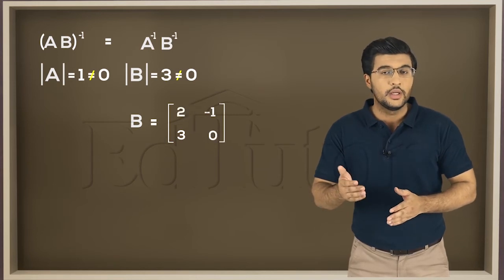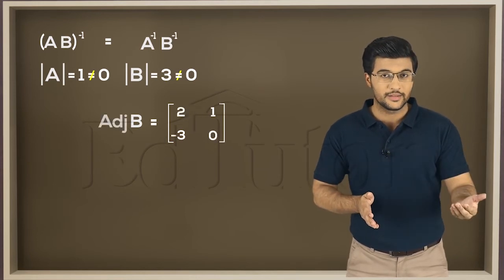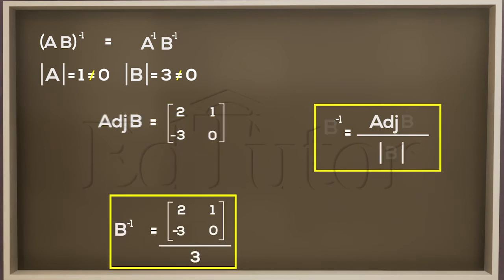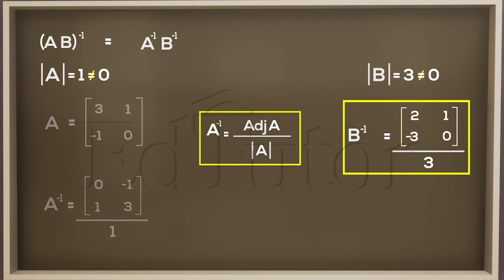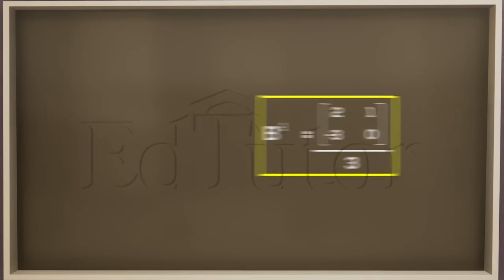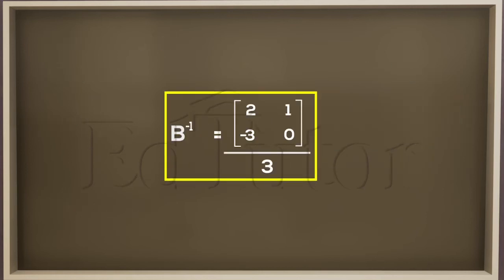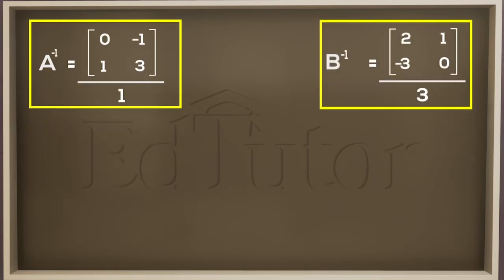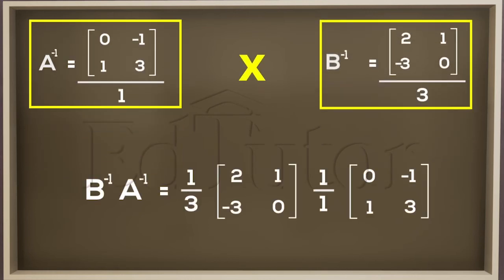Swap these two, change the sign of these, and put it in the formula. But we won't solve it further right now. Next, we need the adjoint of A. Swap and then change the signs. This is the inverse of B, and this is the inverse of A. We only need to multiply them now.